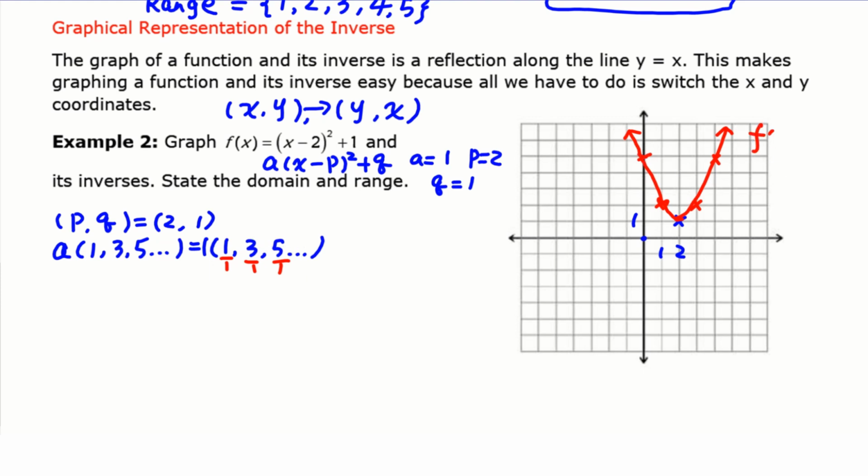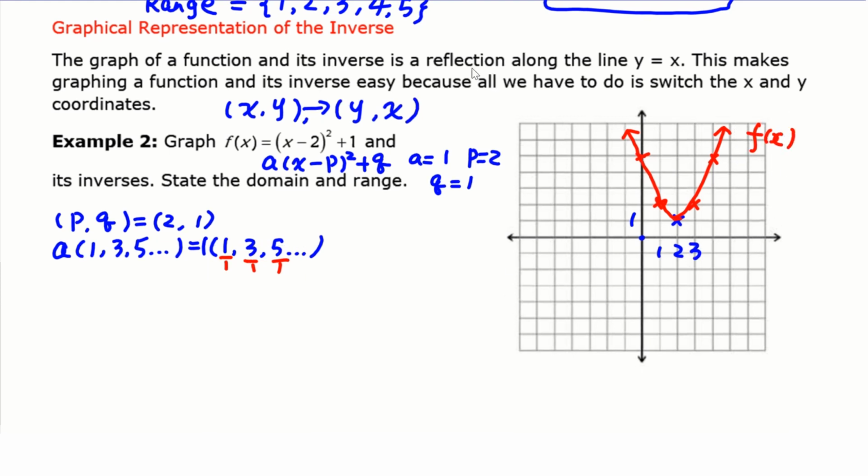So this is f at x, and because the graph of a function and its inverse is a reflection along the line y equals x, each time when we are graphing an inverse function, we want to graph this y equals x line. It makes the graphing of the inverse function easier.